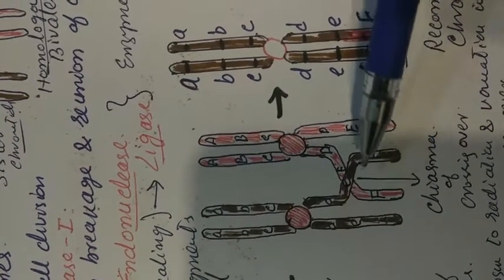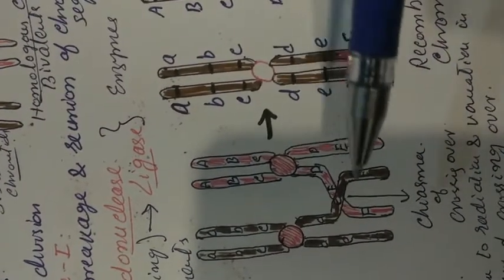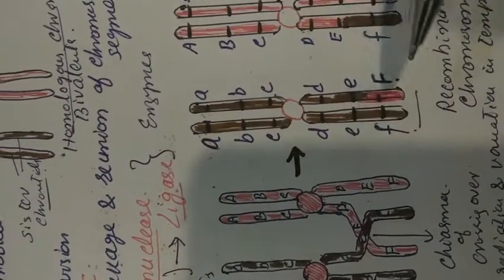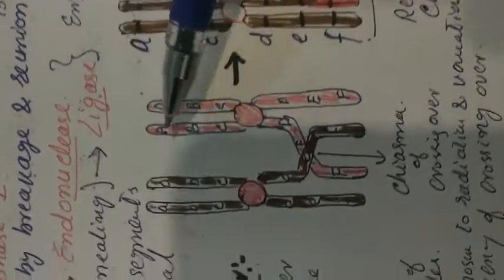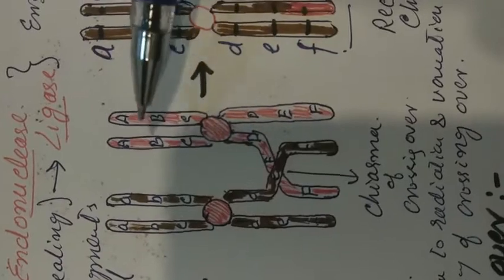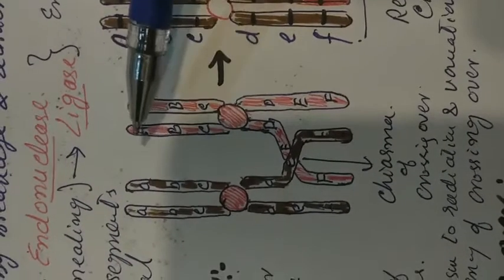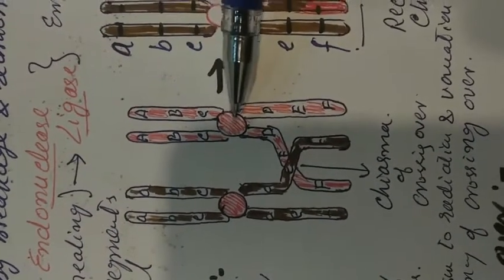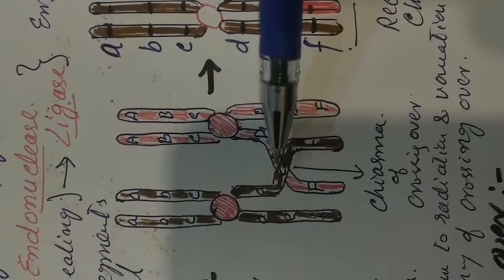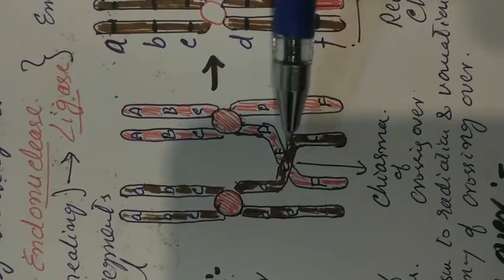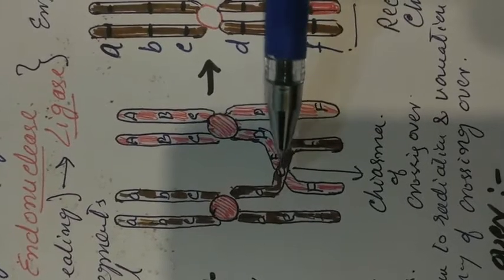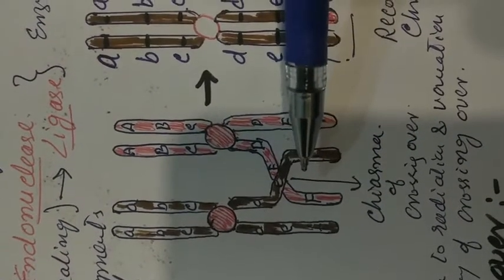Now, this type of exchange of these non-sister segments of these chromatids brings about the chromosomal recombination. For instance, you can see this is one of the homologous chromosomes and this is another homologous chromosome. Now at the pachytene stage of prophase 1 of meiosis, this exchange of segments takes place, and the site at which these chromosomes actually cross each other is known as chiasma.